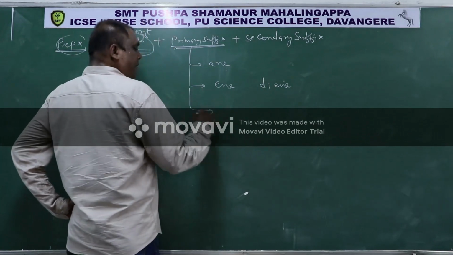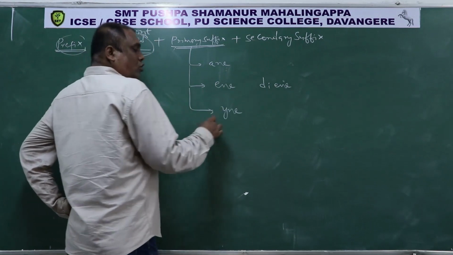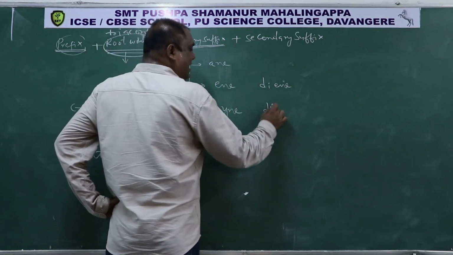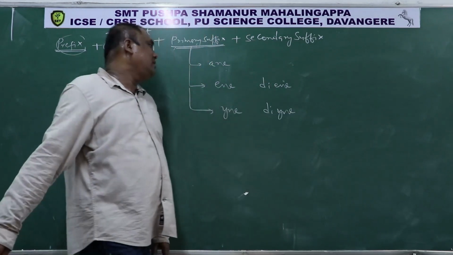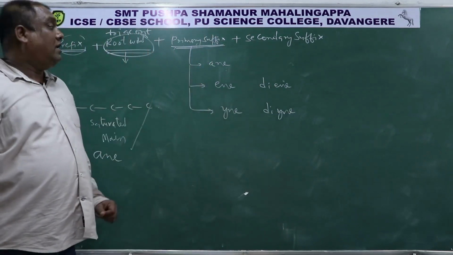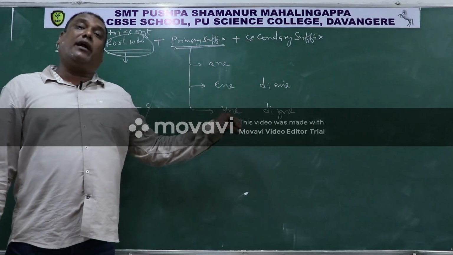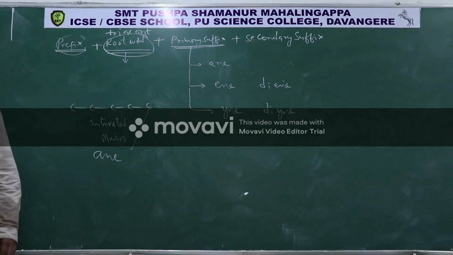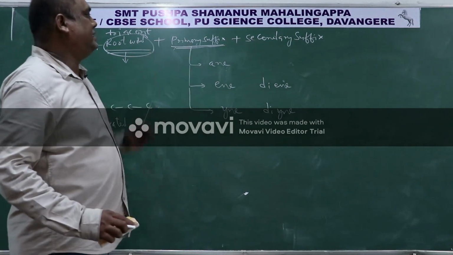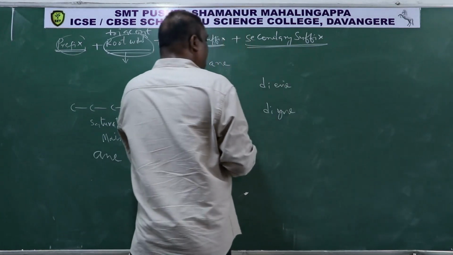Then if triple bond is there, "-yne". 2 triple bonds are there, "-diyne". 3 triple bonds are there, "-triyne". Like that we write the suffix. And we should also write the position of the double bond or triple bond. So like that we'll come to know the primary suffix. Finally, we should know what is secondary suffix.